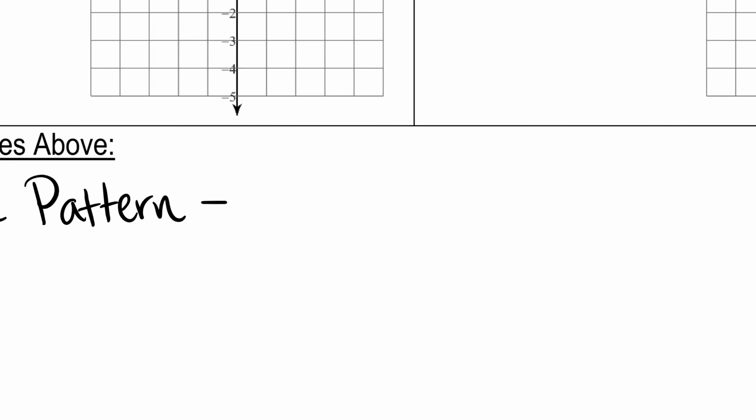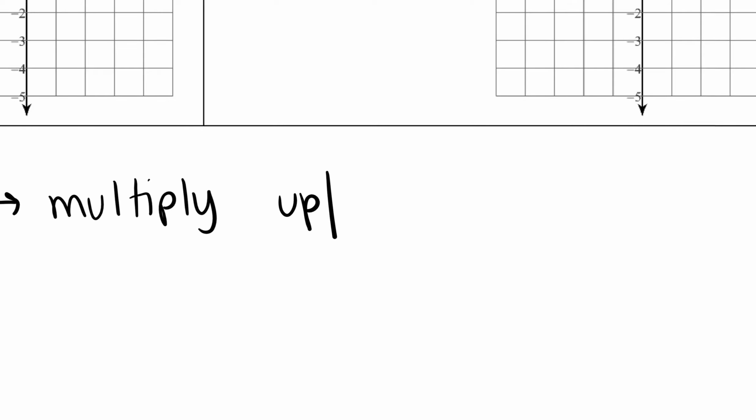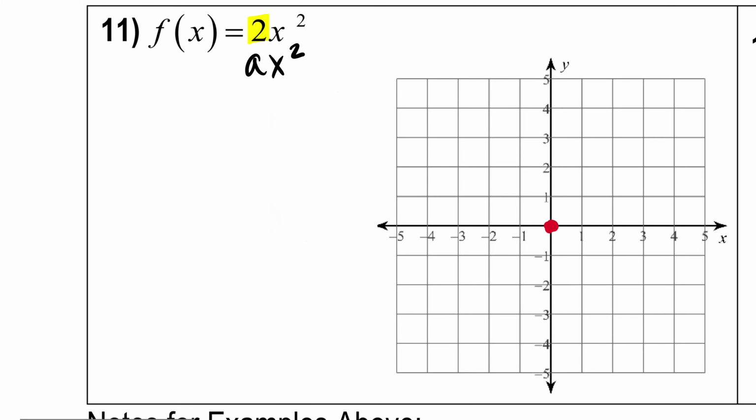So you multiply the up and down by the a. So for example, this one. My a is 2, right?